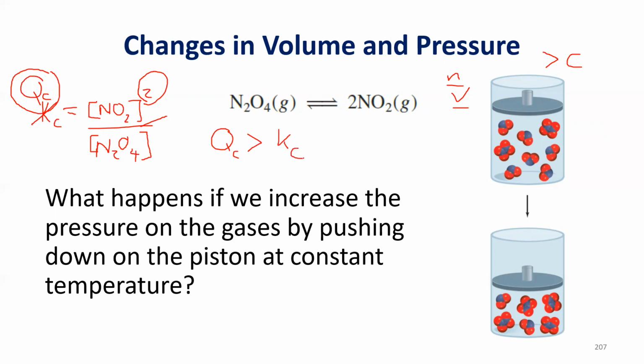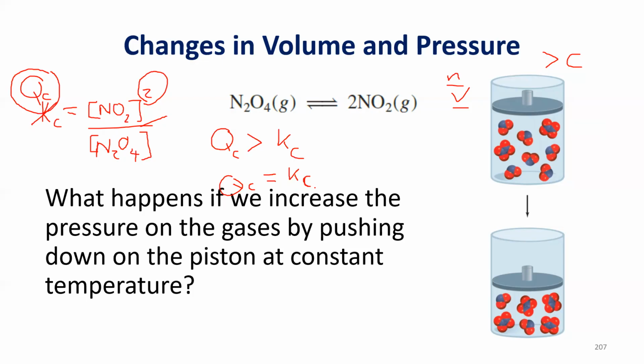So therefore, the system will need to adjust such that Qc will be equal to Kc. It needs to return to equilibrium, and at equilibrium, Qc would be equal to Kc.